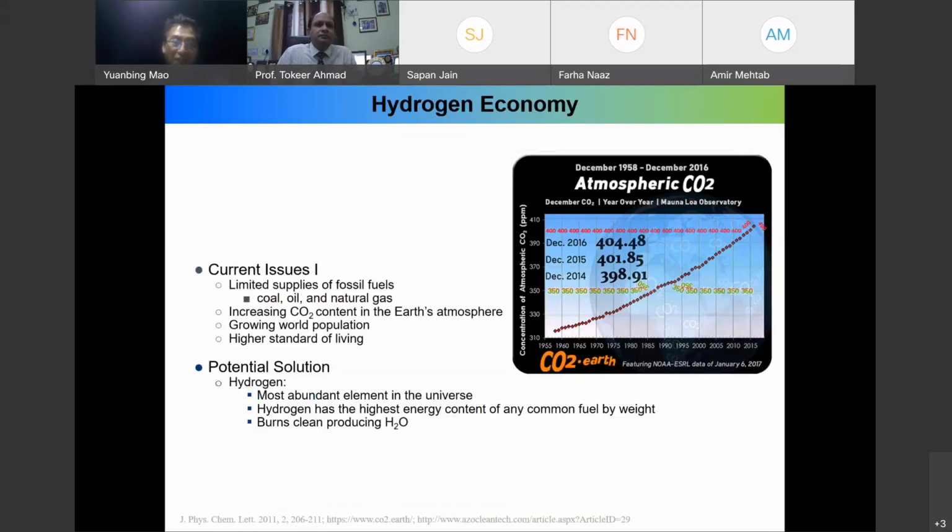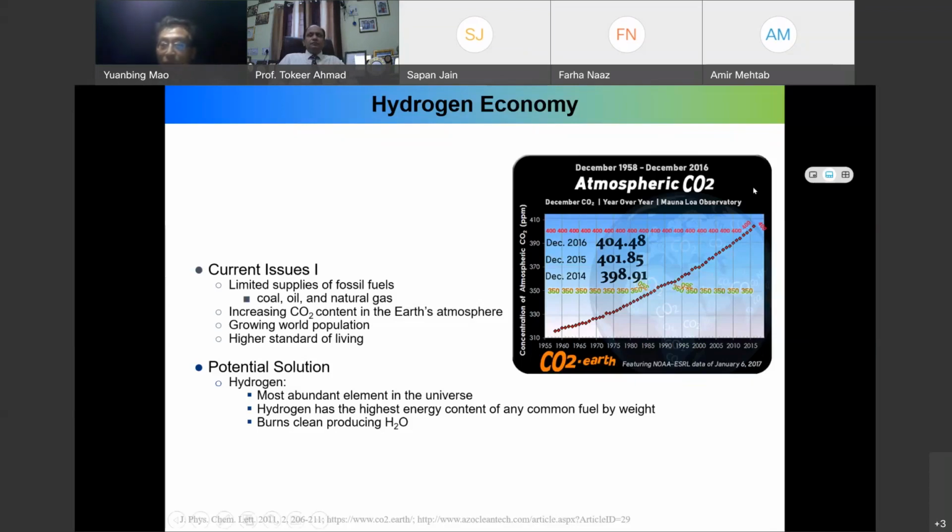First, there are some issues with our current energy sectors. The first issue is the limited supply of fossil fuels, even though some people don't look at it in that way. When we talk about fossil fuels, including coal, oil, and natural gases, the main important issue is the increased carbon dioxide content in the Earth's atmosphere.